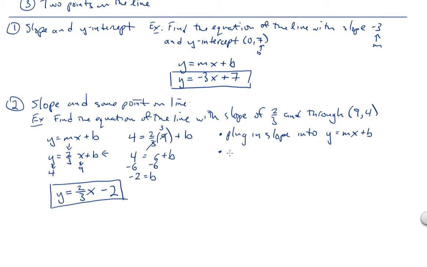And then plug in the point for x and y in the equation. And then solve for b. And then once you have b, you have your y-intercept and your slope, and you're back to situation 1.